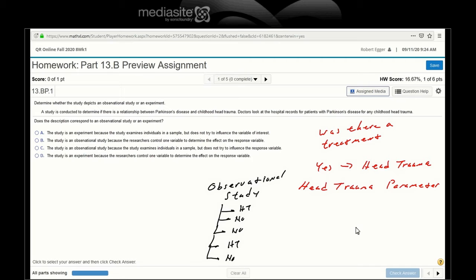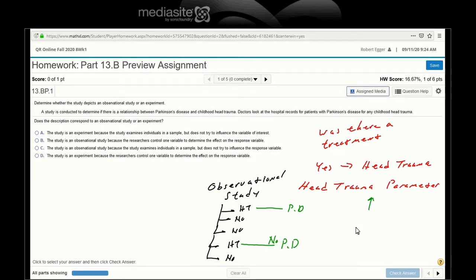No. So, observational study, and only if they had a head trauma as a child did they further take these records and see if later Parkinson's disease or not Parkinson's disease developed. And they're trying to see if there's a correlation between head trauma and Parkinson's disease later in life. So this was an observational study. This would be very unethical.